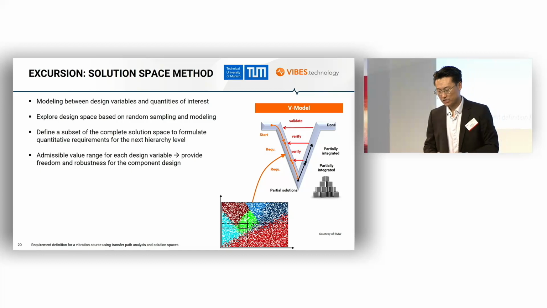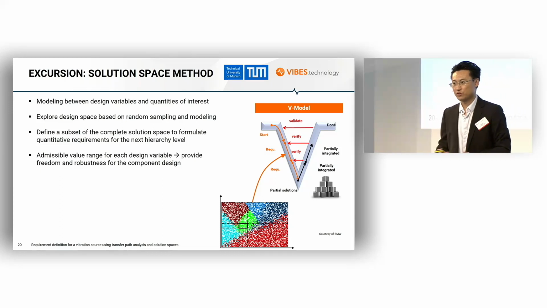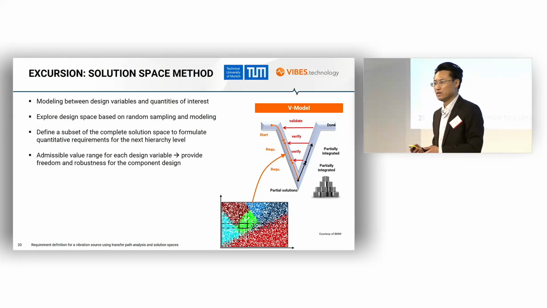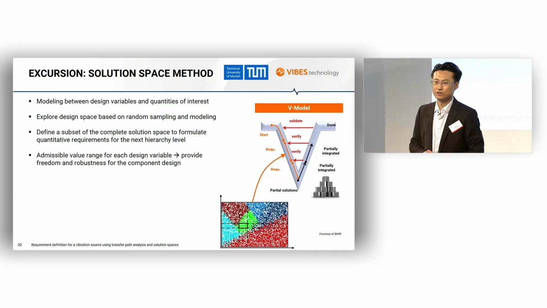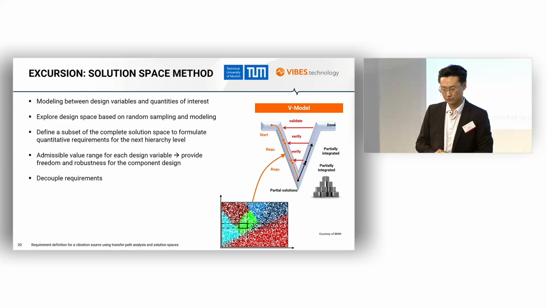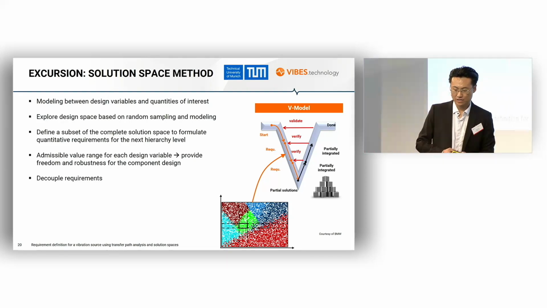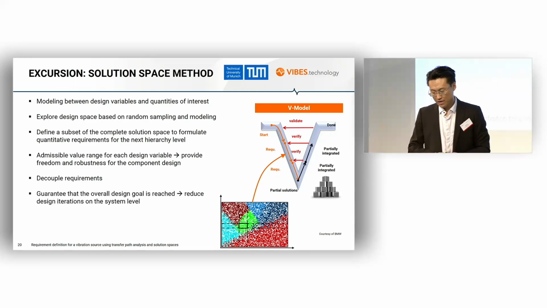Since the solution space formulates the requirements as a value range, it provides robustness and freedom for the component designer, in contrast to numerical optimization, which in principle only provides one single optimal value. Also, by doing so, the requirements on different quantities are decoupled automatically.